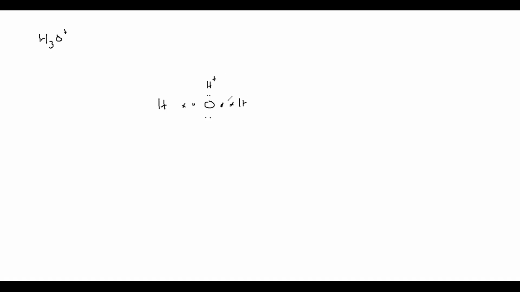So when you check how many bond pairs, the central atom is oxygen, how many bond pairs? The dative bond is also considered a bond pair when predicting a geometry. 1, 2, 3. So 3 bond pairs are there on the central atom. And how many lone pairs are there? There is 1 lone pair. Then the geometry will be trigonal pyramidal.